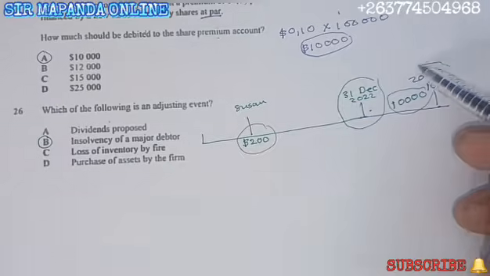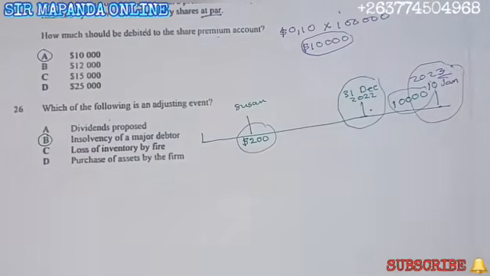But anything which occurs after the balance sheet date is a non-adjusting event. So non-adjusting events are not adjusted, are not accrued in the financial statements, but they are disclosed as a note. Then adjusting events, they are accrued or adjusted. Then as for proposed dividends, we do not record or adjust them. Why? Because they are subject to change.